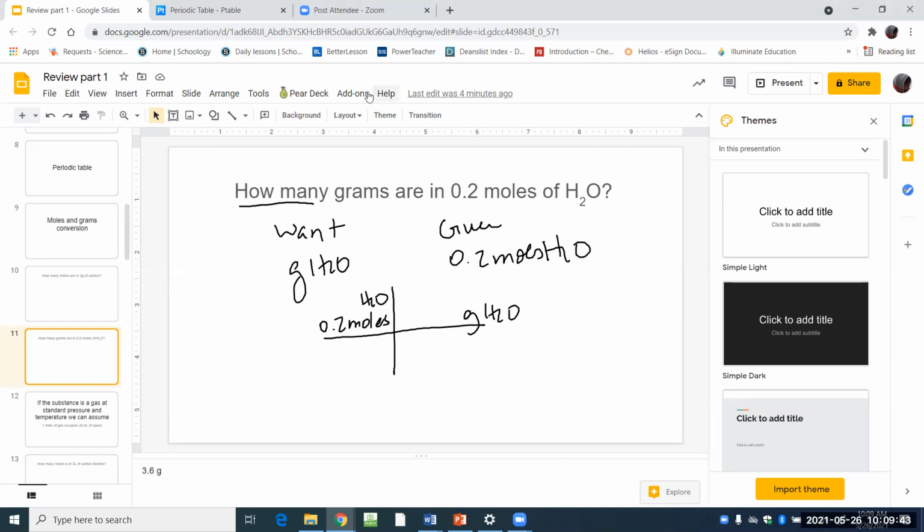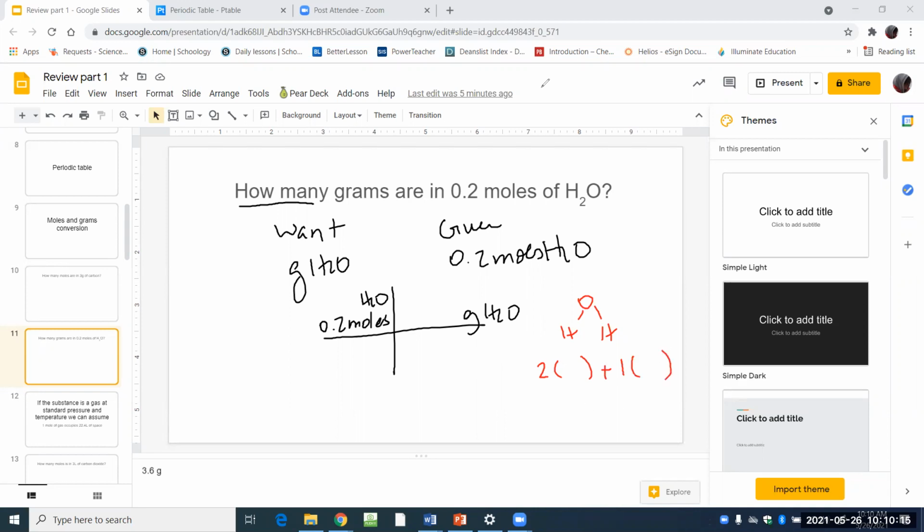So water in reality is 2 hydrogens bonded to an oxygen, right? This is what water looks like. So we need to include all the different masses here. So we have 2 hydrogens, and we have 1 oxygen.